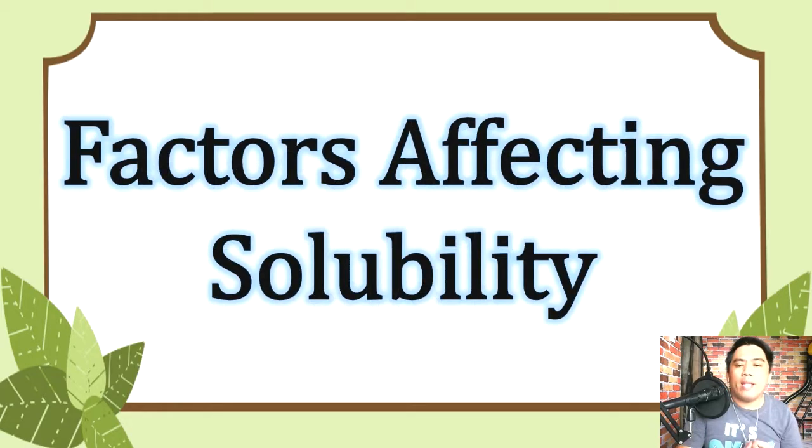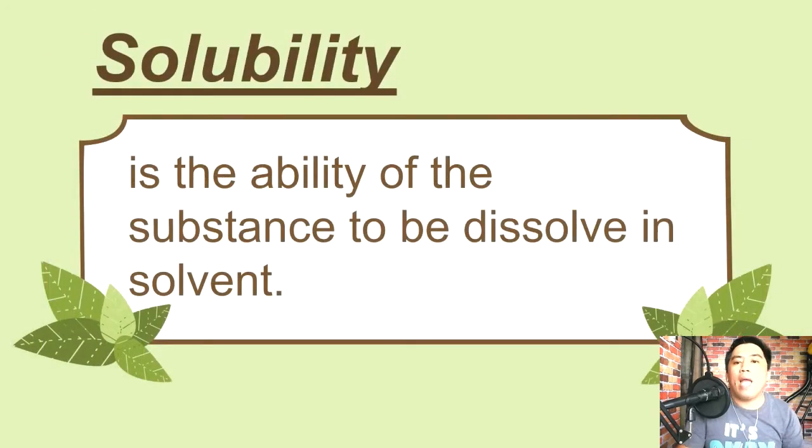Our lesson is factors affecting solubility. Solubility is the ability of the substance to be dissolved in solvent. So what are the things that affect the solubility or dissolving of solutes in a solvent?